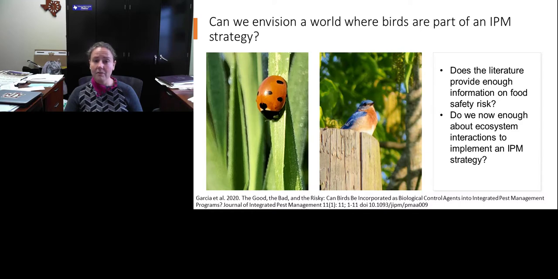And do we know enough about ecosystem interactions to implement an IPM strategy? This is a really complex landscape to be looking at. And as I was listening to some of the talks earlier this morning and this afternoon, a couple of things caught my attention. Michael Menjak was talking about the economic impact of bird damage in fruit crops in particular.